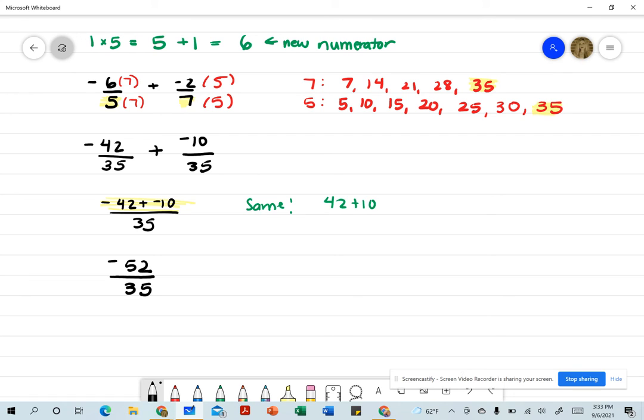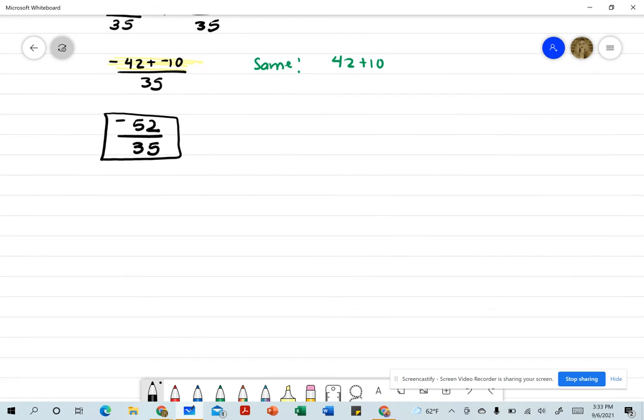And I know, looking at my multiplication chart, if I need to, that 7 doesn't go into 52 and 5 doesn't go into 52. So at this point, this is as simple as it can go, so I leave it. Negative 52 over 35. It's not a word problem. I don't need to simplify it, so I don't need to convert it to a mixed number.